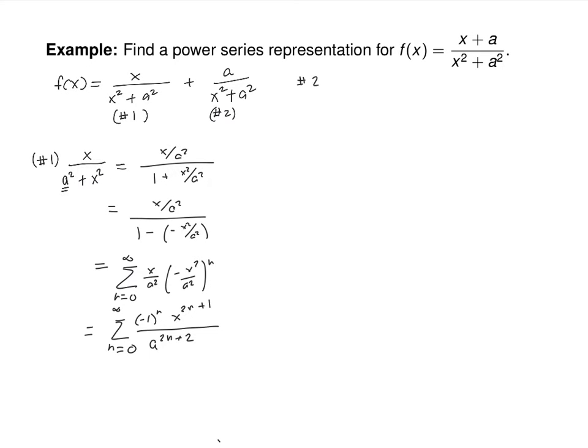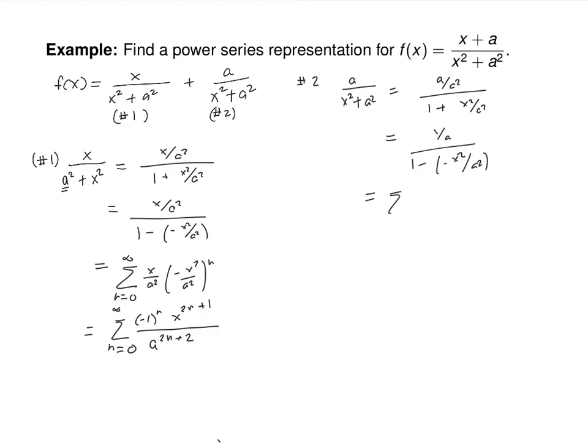Number 2 is actually a little bit simpler. We have a over x squared plus a squared. So first let's divide out that a squared: a over a squared over 1 plus x squared over a squared. Same thing as 1 over a over 1 minus negative x squared over a squared.